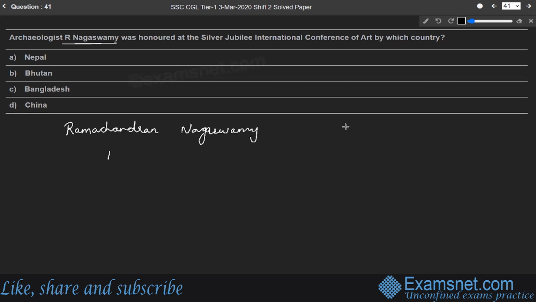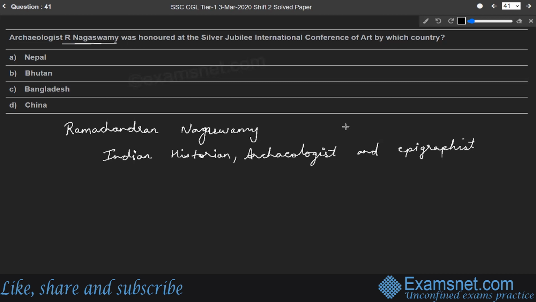He is an Indian historian, an archaeologist, as mentioned in the question, and an epigraphist who is also known for his work on the temple inscriptions and art history of Tamil Nadu.